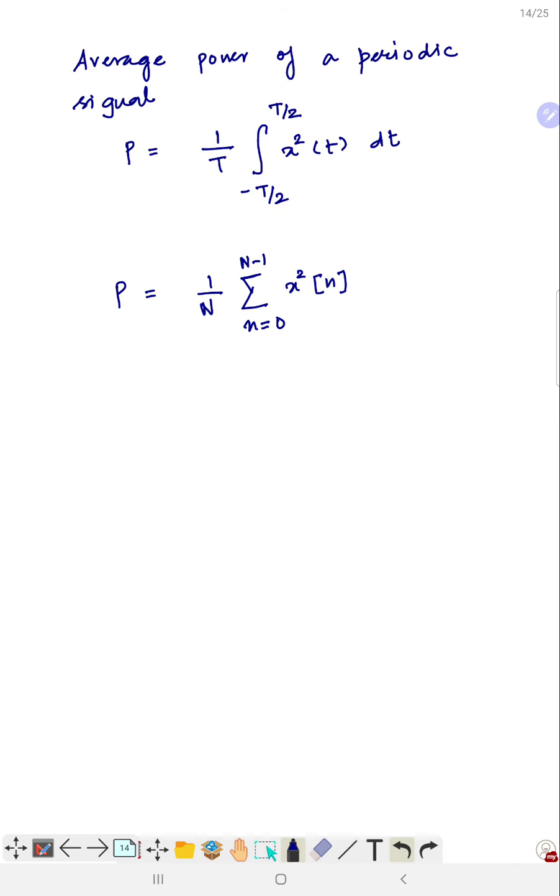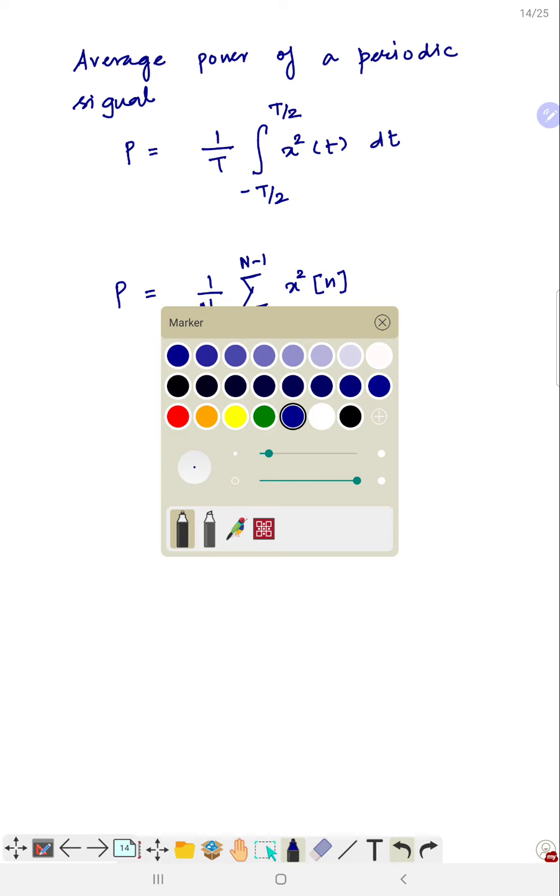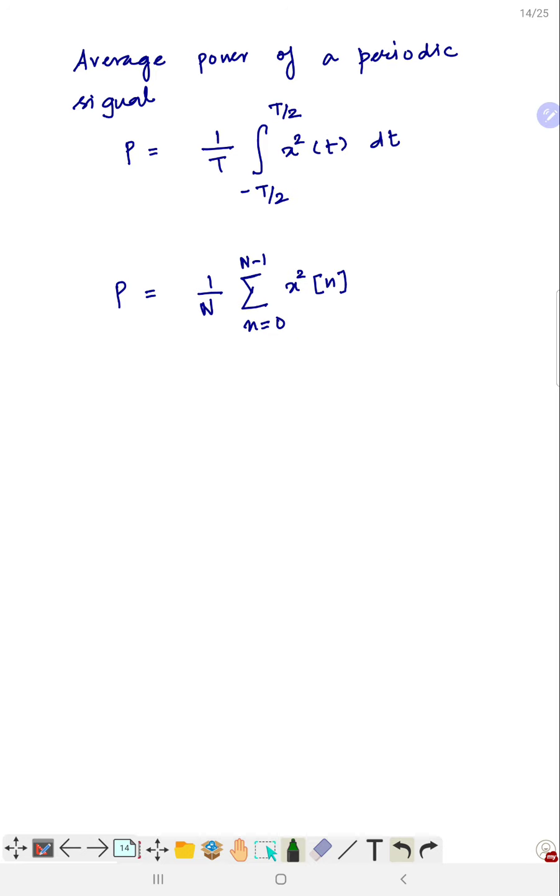Fine. And another thing you'll have to remember, again, this is something you will learn in the next class, but for the sake of remembrance, always remember that a signal cannot be both an energy signal and a power signal.